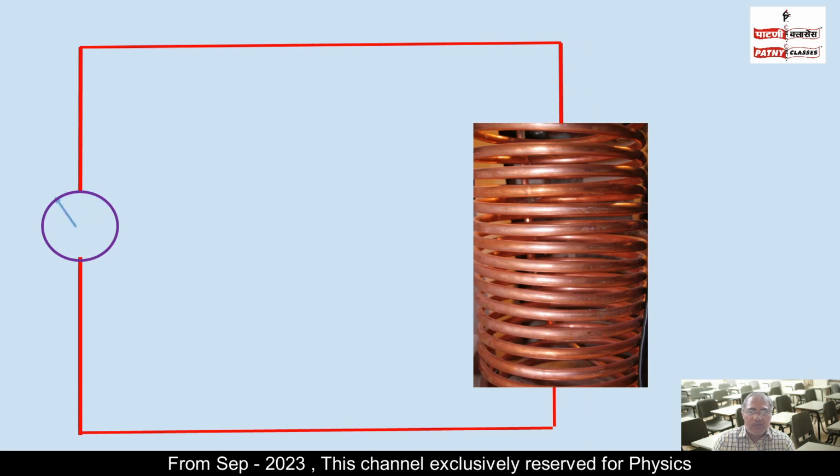The energy which is responsible for pushing the current or electrons in a particular direction is called electromotive force. When we make the motion of the magnet to and fro, the EMF is produced in the coil. This experiment was done by Faraday.